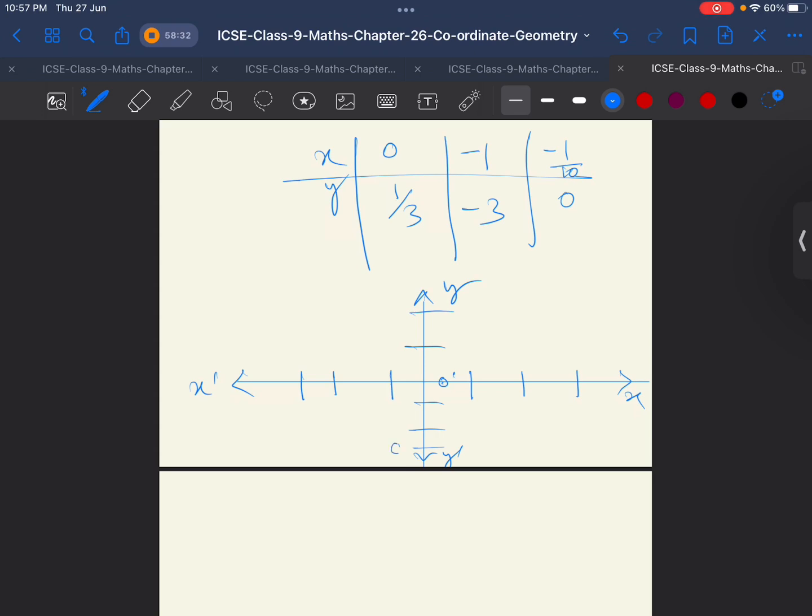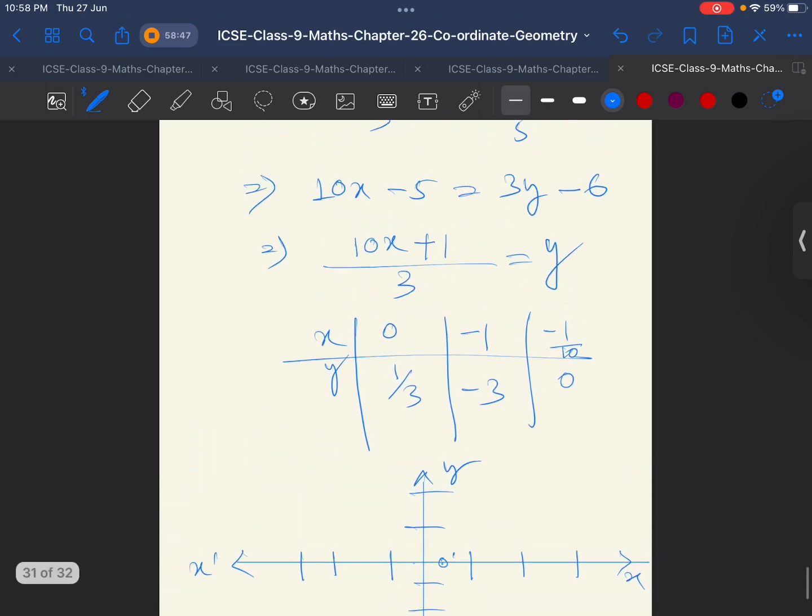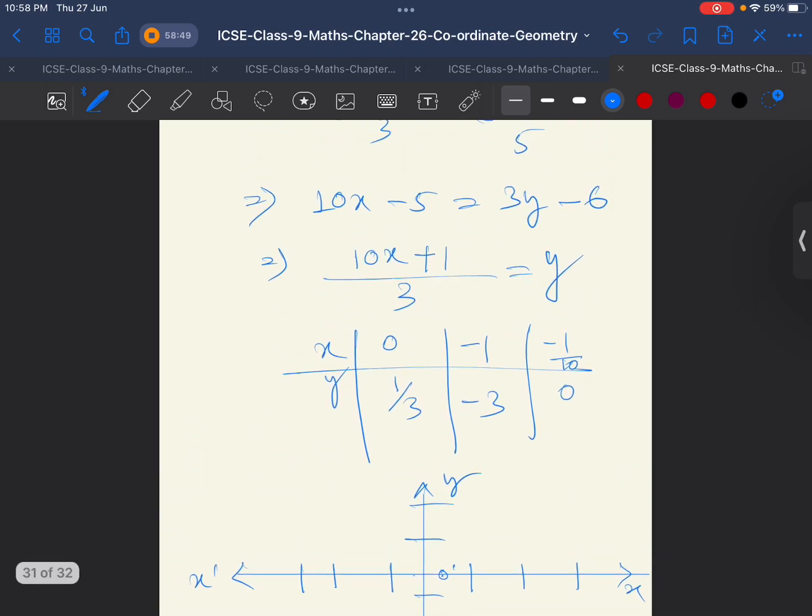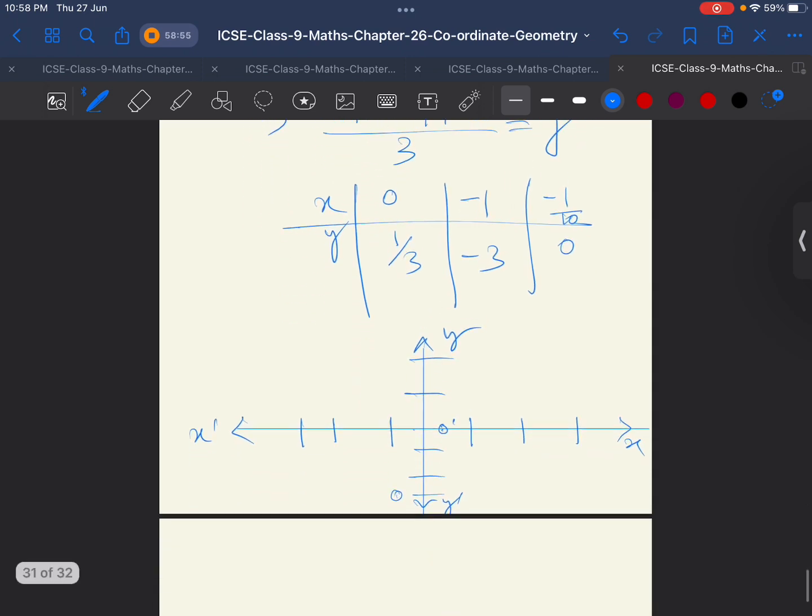And minus 1, minus 3, this point is here: minus 1 by 10, 0. This point will be minus 1 by 10, y 0, then x will be minus 1 by 10.